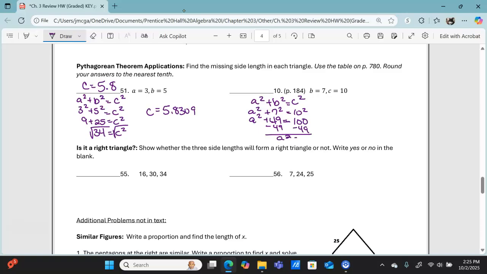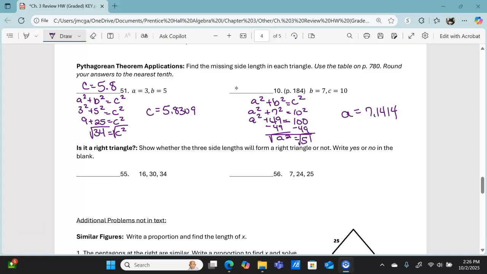We get a squared equals 51. And we take the square root and we go to the table and look up the square root of 51. And so the square root of 51 is 7.141, and I only need 1 decimal place, so I go to 7.1.